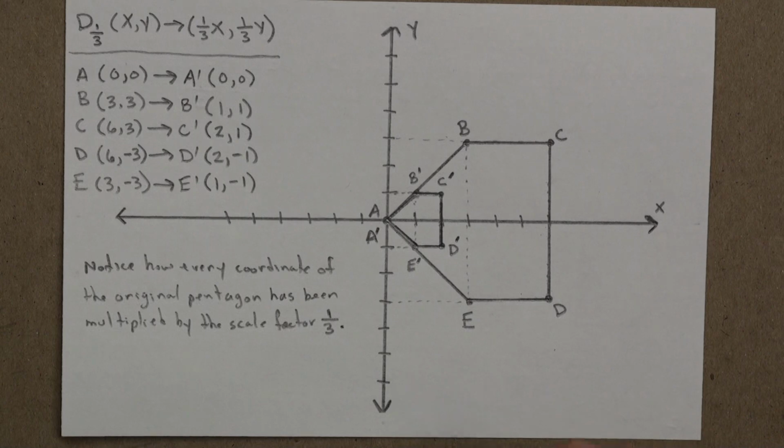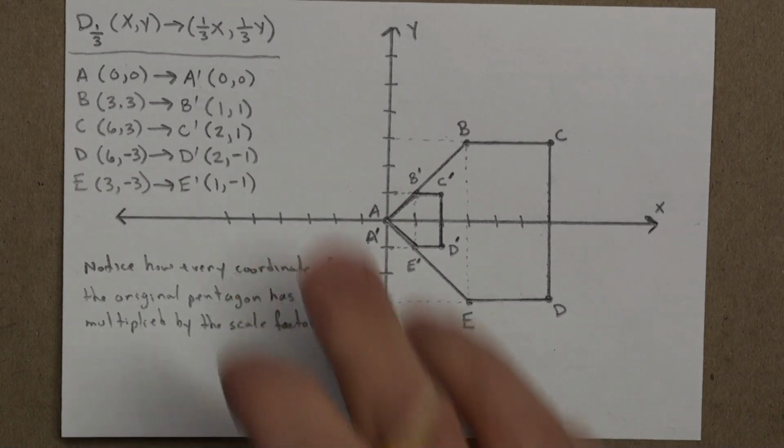Okay. So that is it for dilations. Let's look at card 143 now.